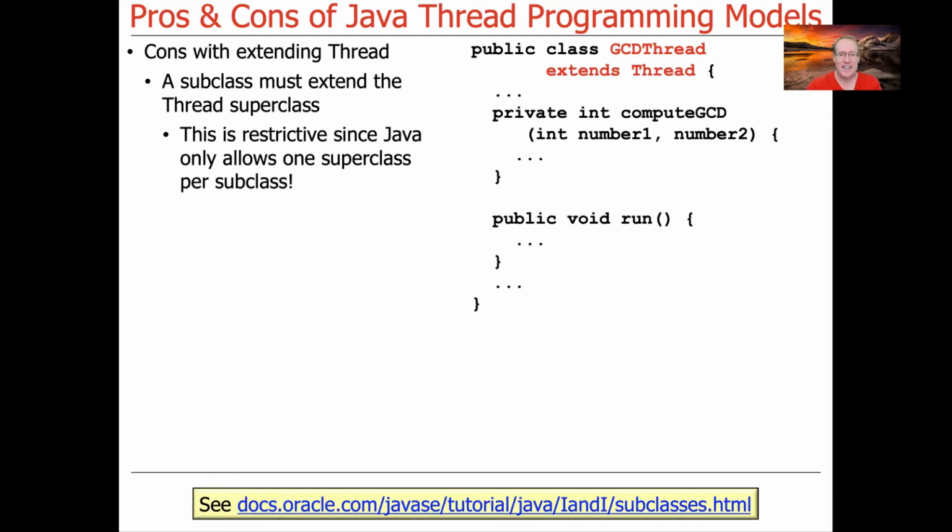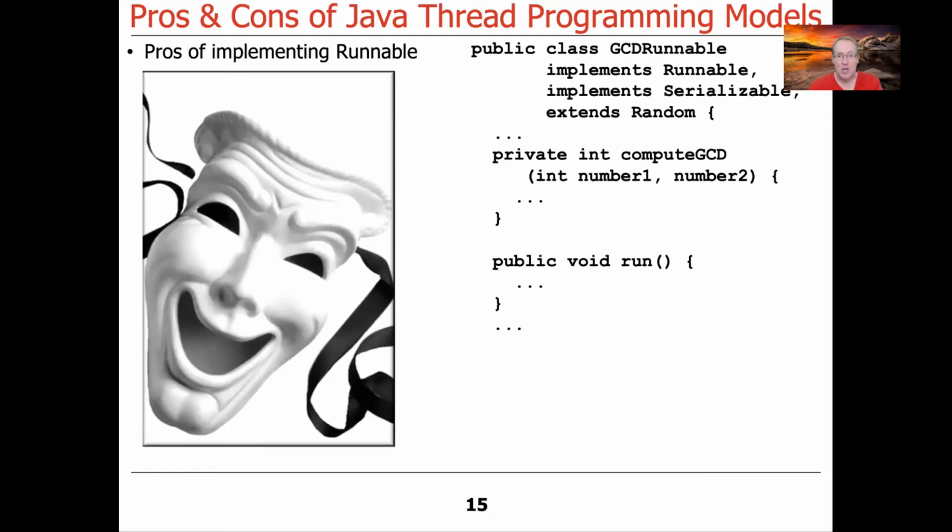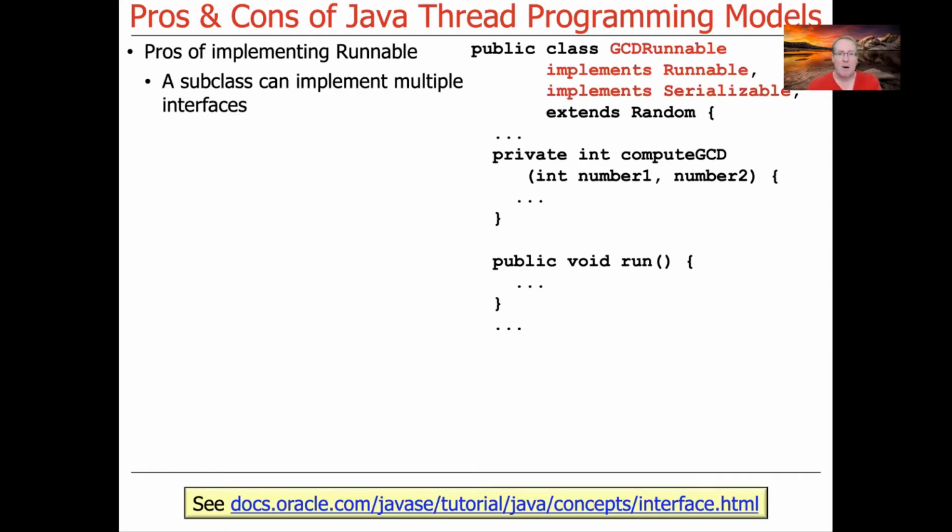You can't extend anything else. So that's where Runnable comes in, because Runnable has this nice property that you can have multiple implementations of interfaces without running into this problem of only having one thing that you're going to be customizing. So remember, a subclass can only extend one superclass, but it can implement as many interfaces as it may want.